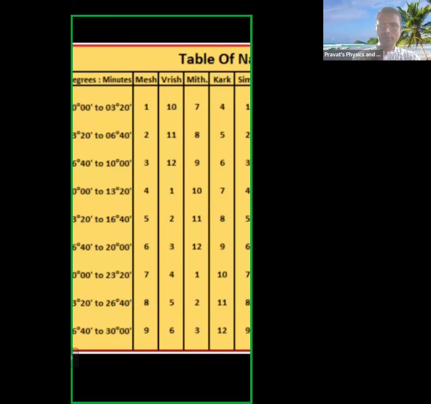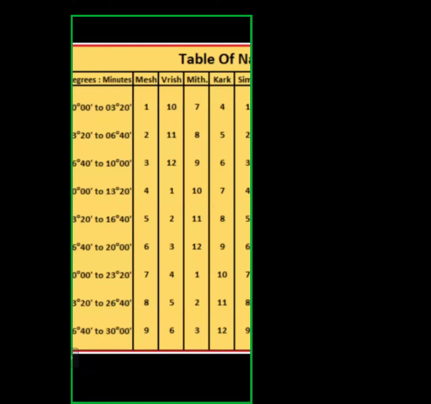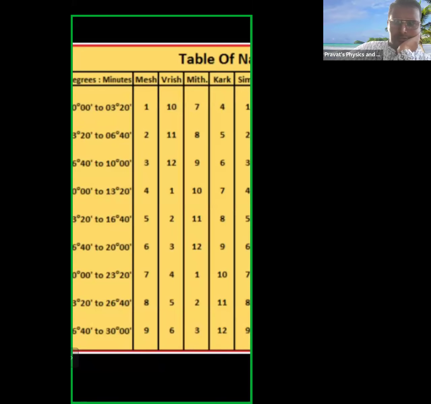Then first division will go to Aries. Second division, Taurus. Third division, Gemini. Fourth division, Cancer. So nothing to remember actually. This formula goes on like this. So in which sign will the division end?